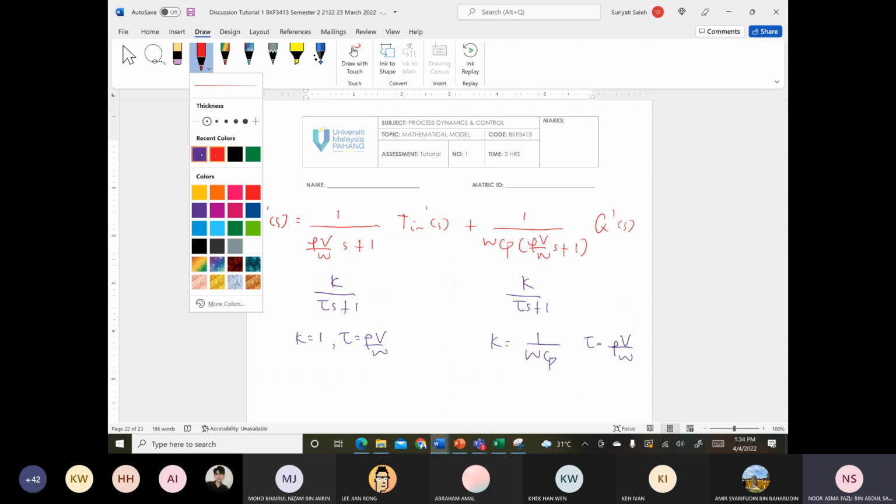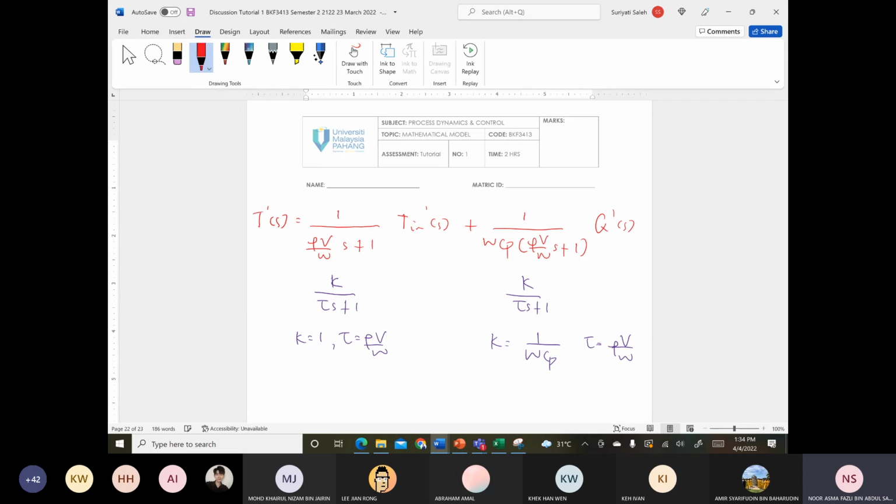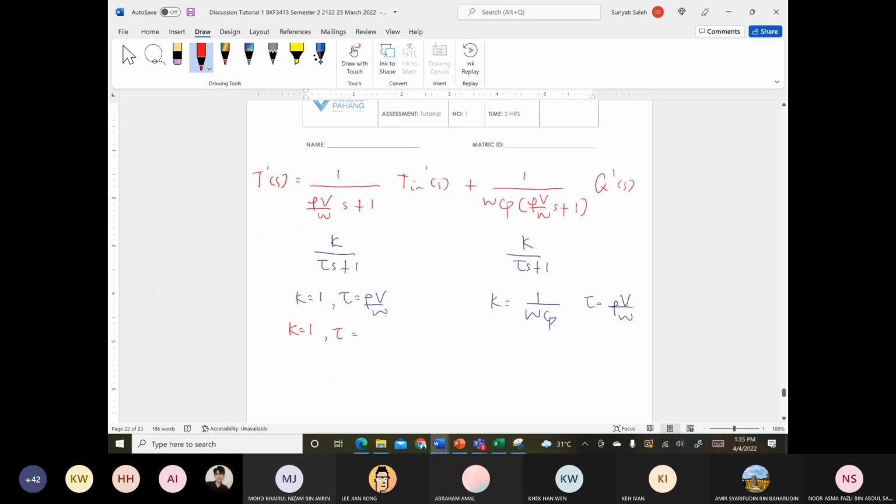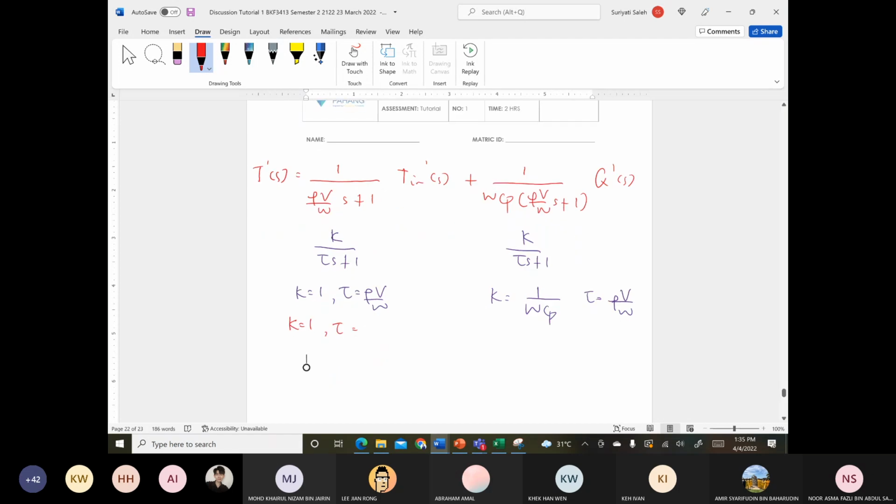So based on this, we can substitute the value. Here we already have K equal to 1, tau equal to rho V divided by W. What is the value of the density? 1050. Volume 4. And then the mass flow rate is 500.